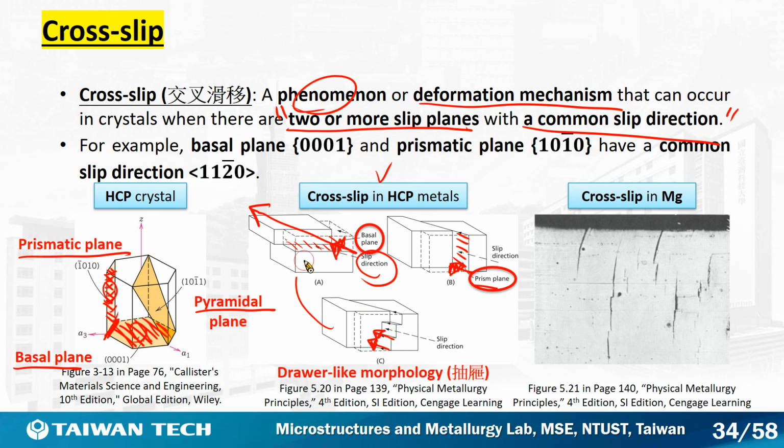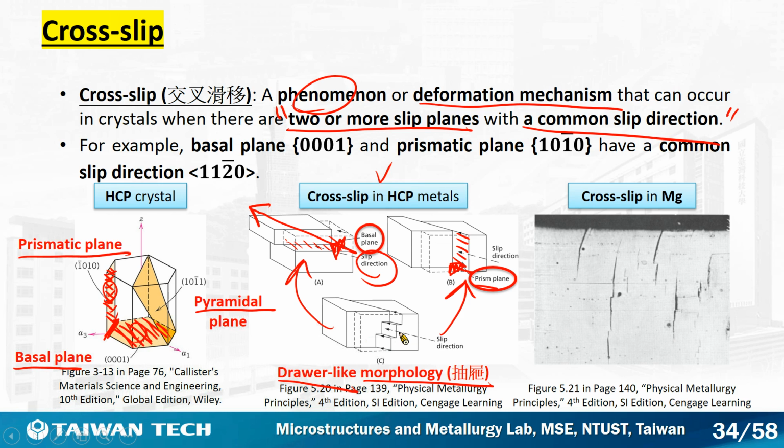This could be part of the basal plane deformation, and also if we go up like this, this is the prismatic deformation. So we can see a jaw-like morphology of these dislocations. How will we observe this jaw-like morphology? We will not observe the extra half plane or lattice distortion.